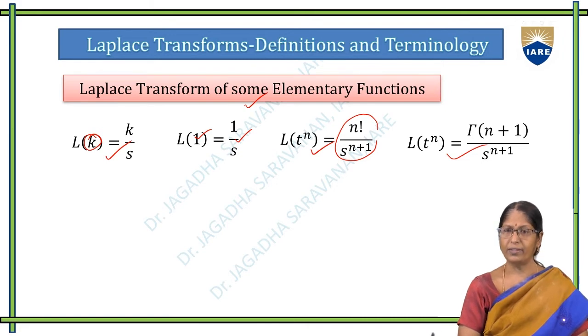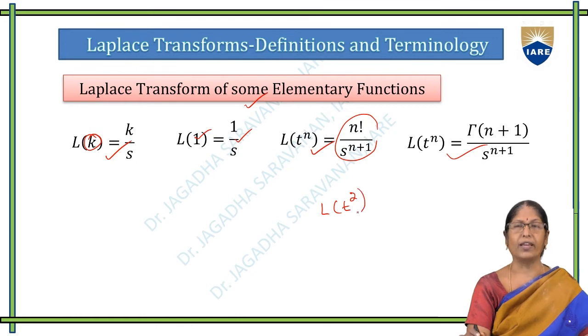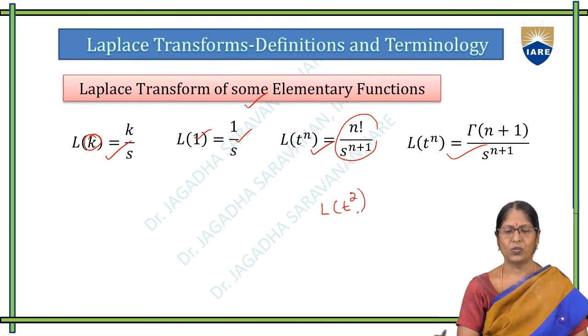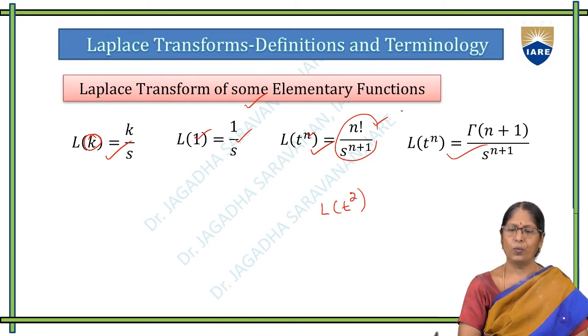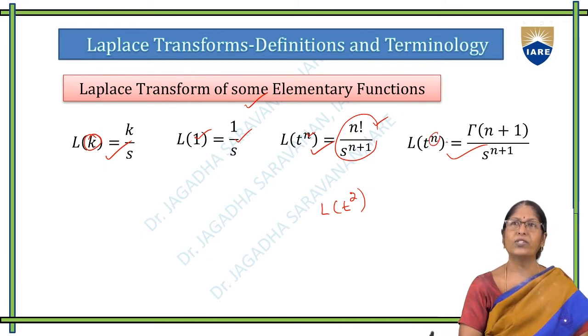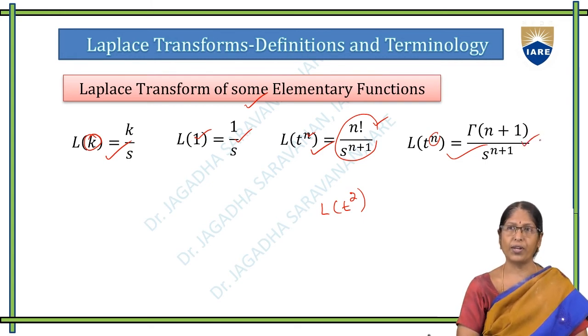The reason is, suppose L of t square, it is there in case. So n is playing the role 2. If it is positive integers, then we can use this formula. Whereas this n, which is greater than minus 1, are fractions, we can use this gamma function related formula.